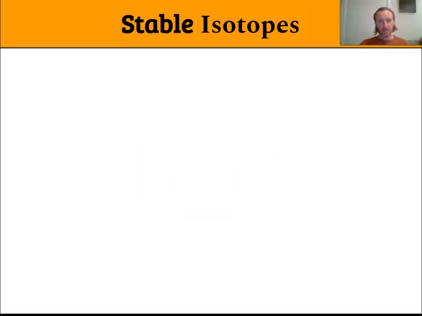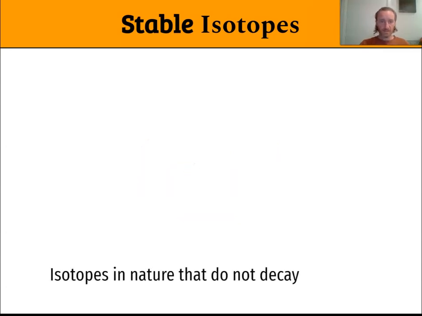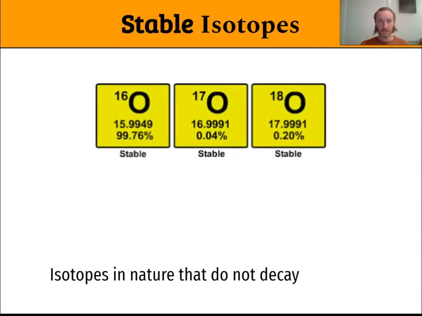So some examples of isotopes which are stable and that do not decay. A good example would be oxygen. Oxygen 16, 17, 18. Again, we're very familiar with oxygen 16. It's got 8 protons, 8 neutrons, making up the total atomic mass number of 16. But there's also some oxygens in our world which have 9 and 10 neutrons.